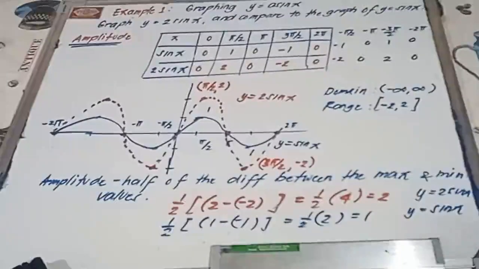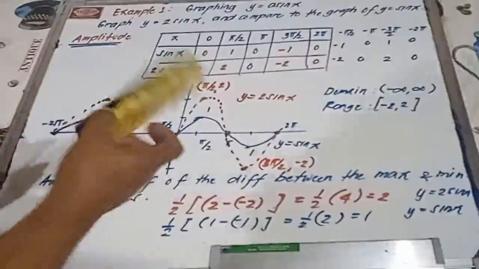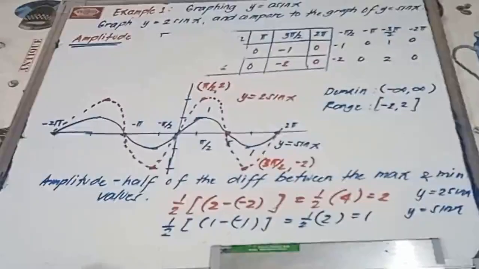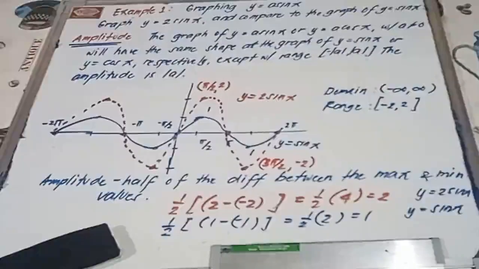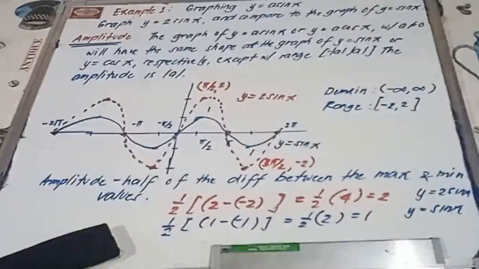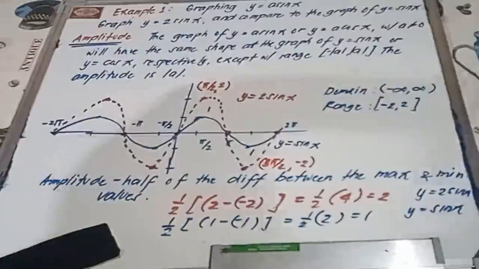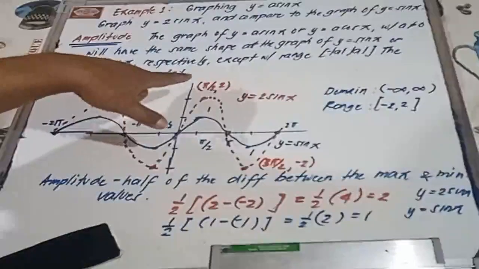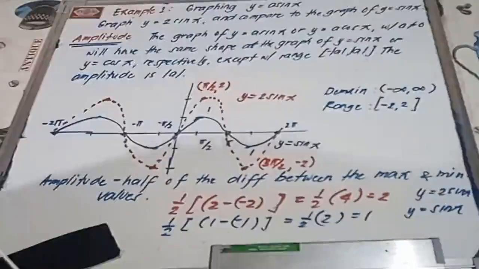Let us formally define amplitude. The graph of y equals a sine x or y equals a cosine x, with a not equal to 0, will have the same shape as the graph of y equals sine x or y equals cosine x respectively, except with range negative absolute value of a to absolute value of a.